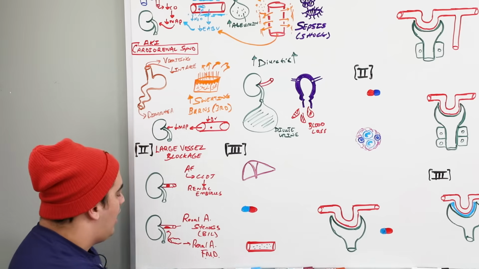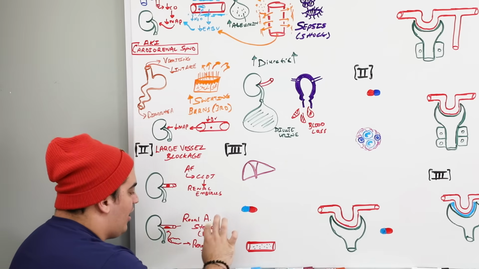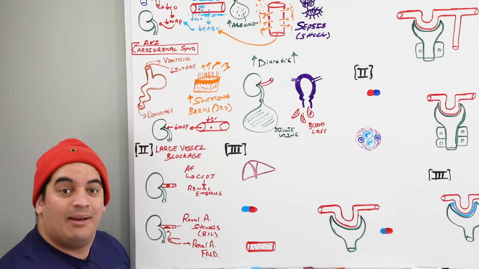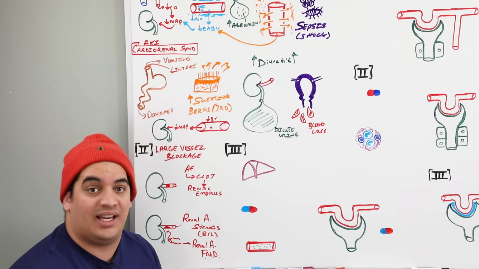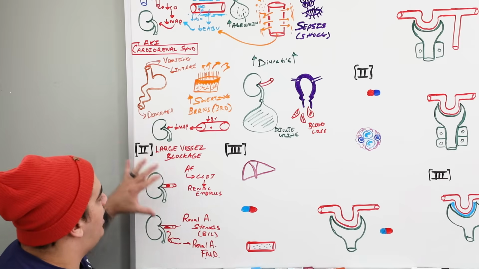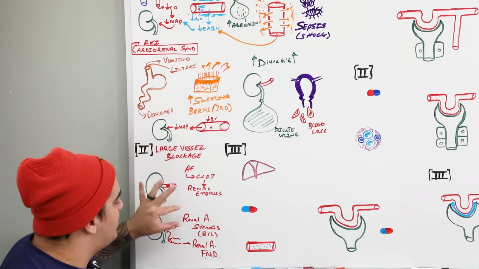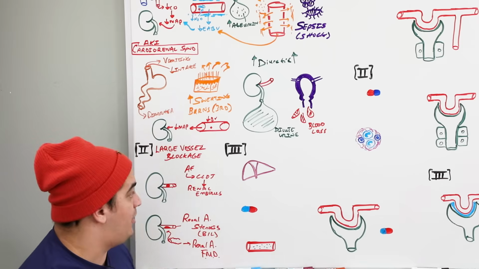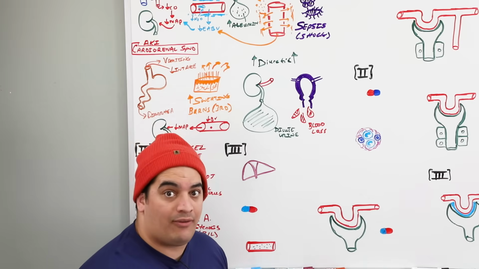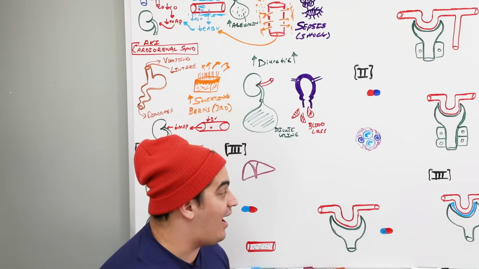Okay, so it's kind of like a dilated, narrow portion of the renal artery. Believe it or not, renal fibromuscular dysplasia can actually significantly reduce blood flow to the kidneys as well.